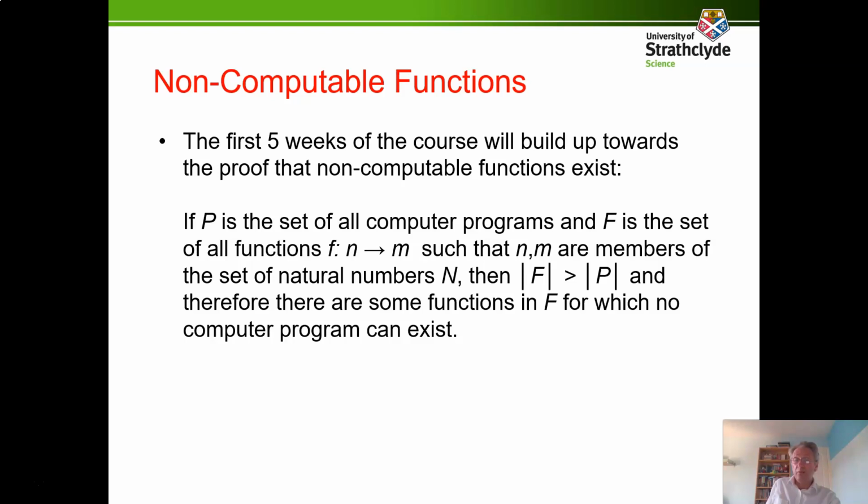It says that if P is the set of all programs that we might write on our computers, and F is the set of all functions that we might want to write a computer program to calculate for us automatically, then the size of the function set, F, and the size of the program set, P, can be compared, and we find that the function set is bigger than the program set. And that means there are some functions in here for which no program can exist. In other words, there are such things as non-computable functions.